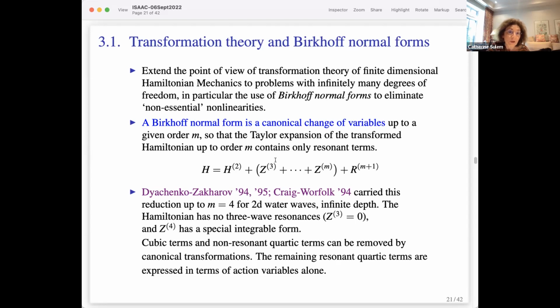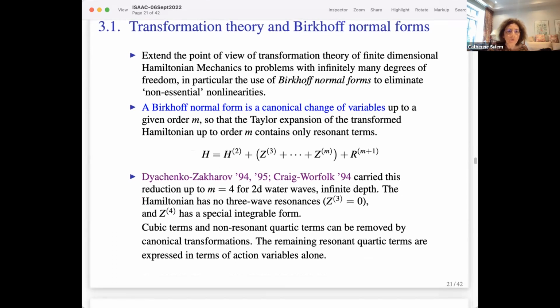So they eliminated all terms of degree 3 and all non-resonant terms of degree 4, and they observed, for infinite depth, that the Hamiltonian has no 3-wave resonances, and that the remaining term of 4th order has a special integrable form.